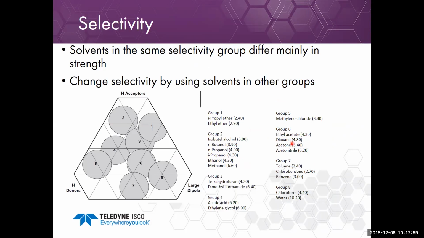The numbers in parentheses are less polar. Water does play a role. It's part of a selectivity group, and so for that reason, you have less choice in changing selectivity by changing solvent than you do in normal phase chromatography. You can do it using modifiers with ionic compounds, and I hope to show that later.